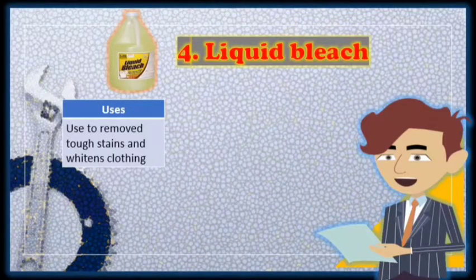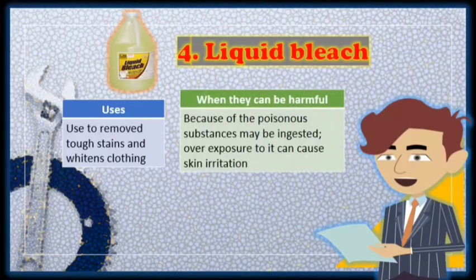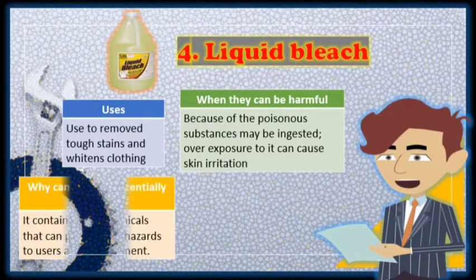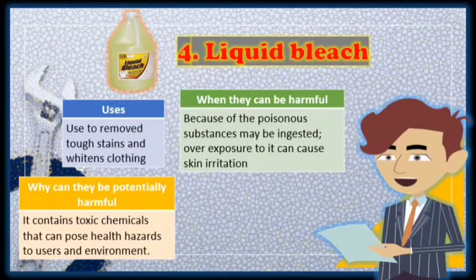For item number 4, we have liquid bleach. Liquid bleach is used to remove tough stains and whiten clothing. When can it be harmful? Liquid bleach can be harmful because poisonous substances may be ingested. Overexposure to it can cause skin irritation. Why can it be potentially harmful?